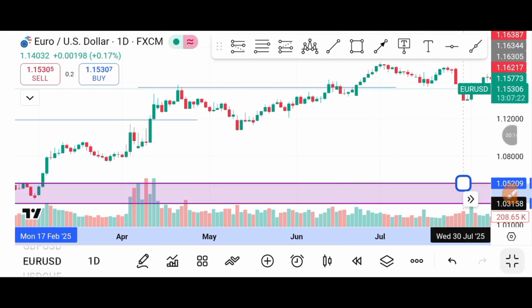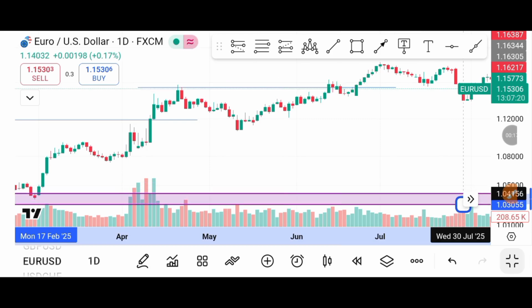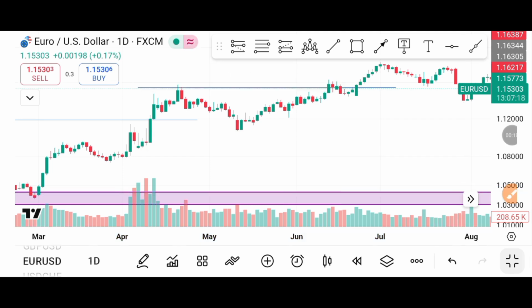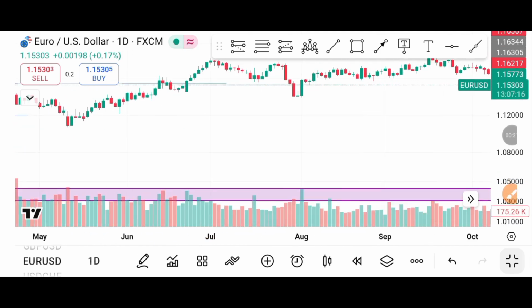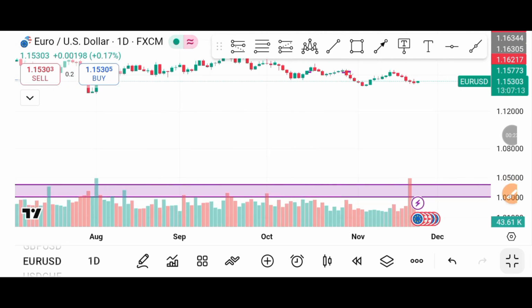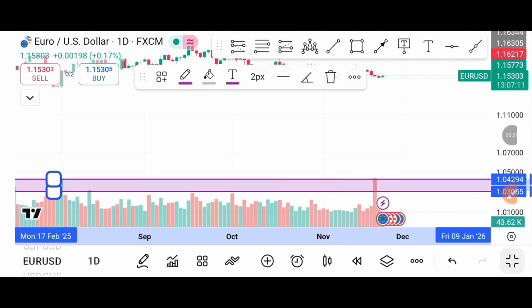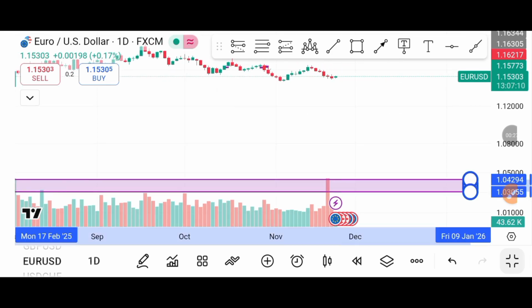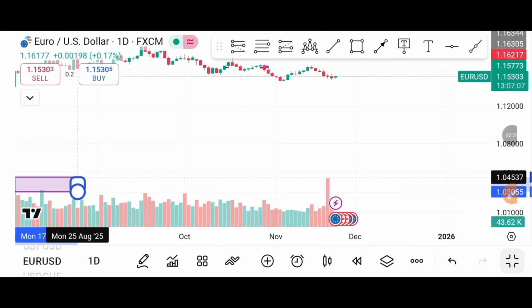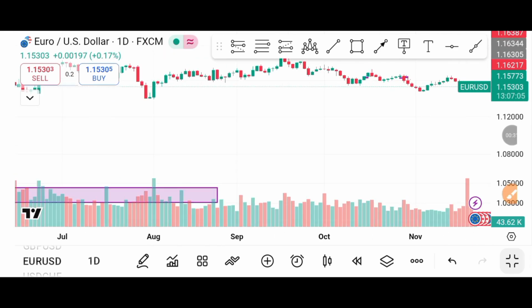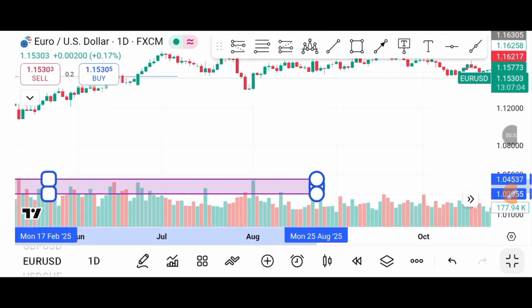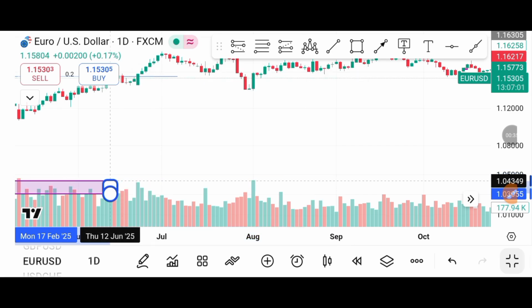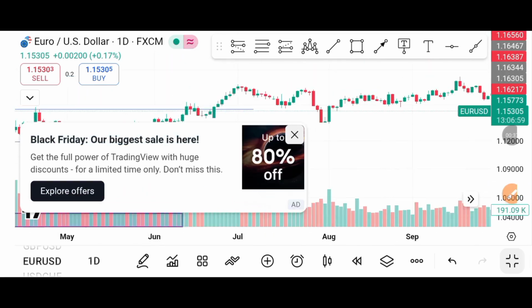You can see this order block on the weekly time frame is still very relevant, but we have to adjust it a bit, refine the level to suit the relevant movement of the market.